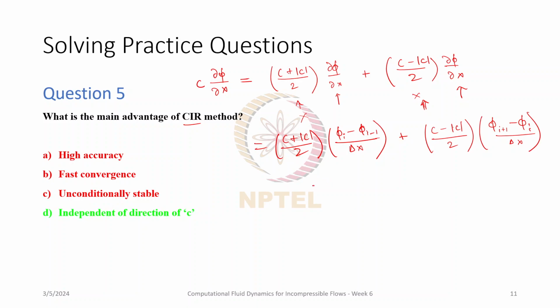So this is how it becomes independent of the direction of C. You don't need to write different equations depending on the value of C. This will automatically take care of the direction of C and give you the correct upwind scheme. So this mathematical trickery is used in the CIR method. That's how it becomes independent of the direction of C.